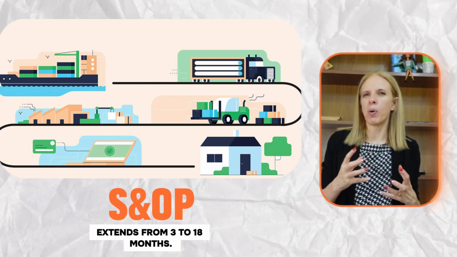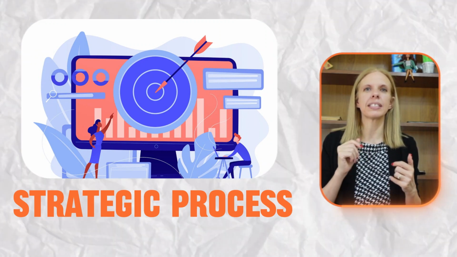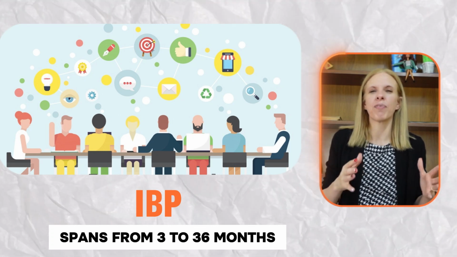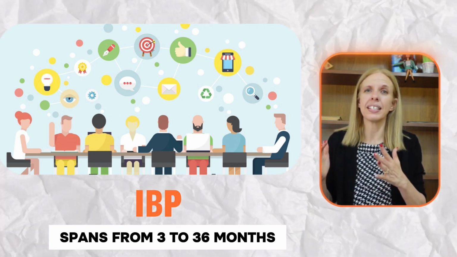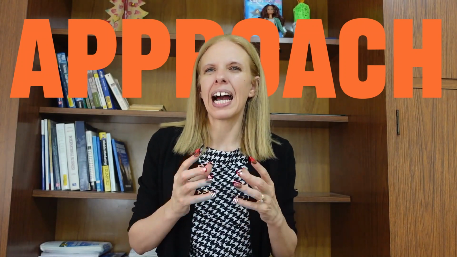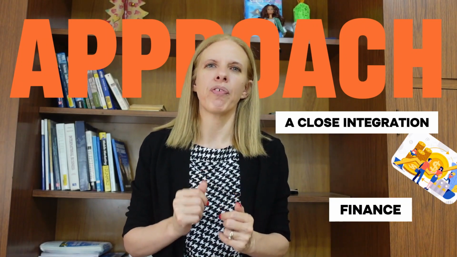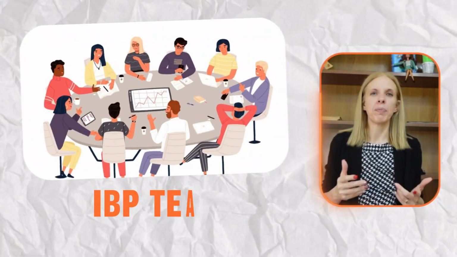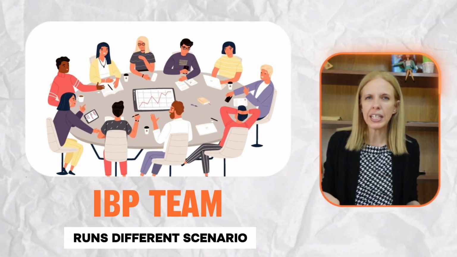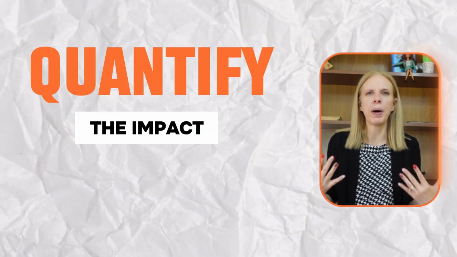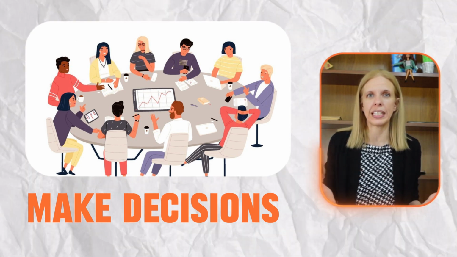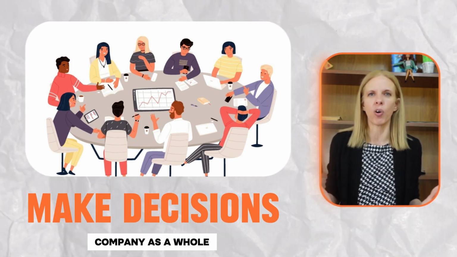As it is a more strategic process and it involves all the functions, IBP extends from 3 to 36 months. The approach involves a close integration with finance. For example, the IBP team runs different scenario-based simulations to quantify the impact of the financials and make decisions considering the company as a whole.